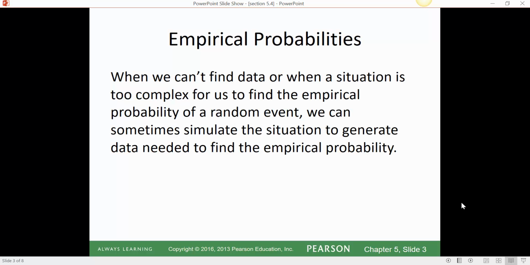So as I was saying, when we can't find data or when a situation is too complex for us to find the empirical probability of a random event, we can sometimes simulate the situation and generate data needed to find the empirical probability, right? So what this is saying is sometimes we can use simulations to get the data to find the empirical probability.